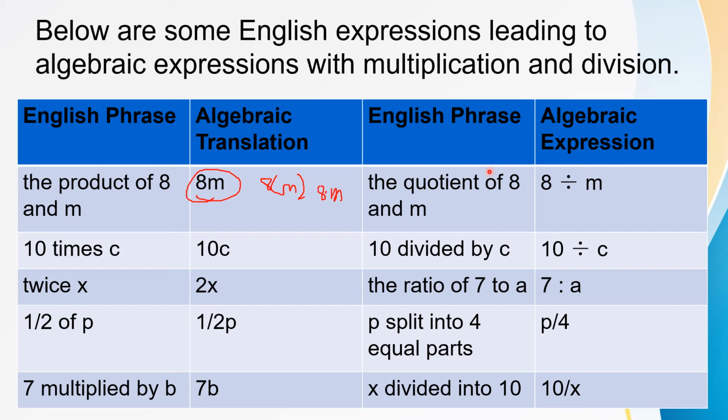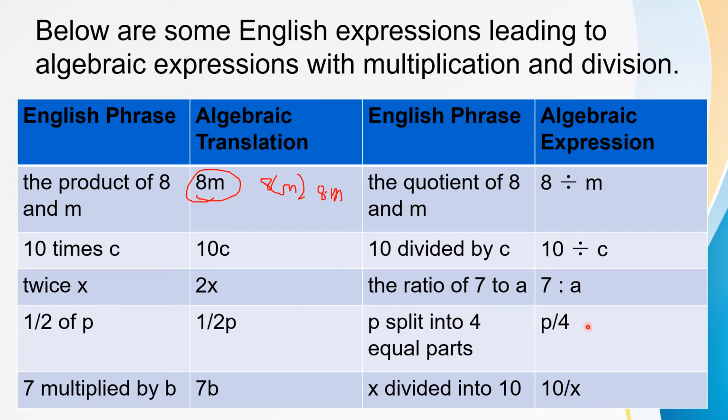So we have here another, the quotient of 8 and m. So, 8 divided by m. So we use the division sign. 10 divided by c is 10 divided by c. The ratio of 7 to a, or 7 is to a. The p split into 4 equal parts. So p divided by 4.